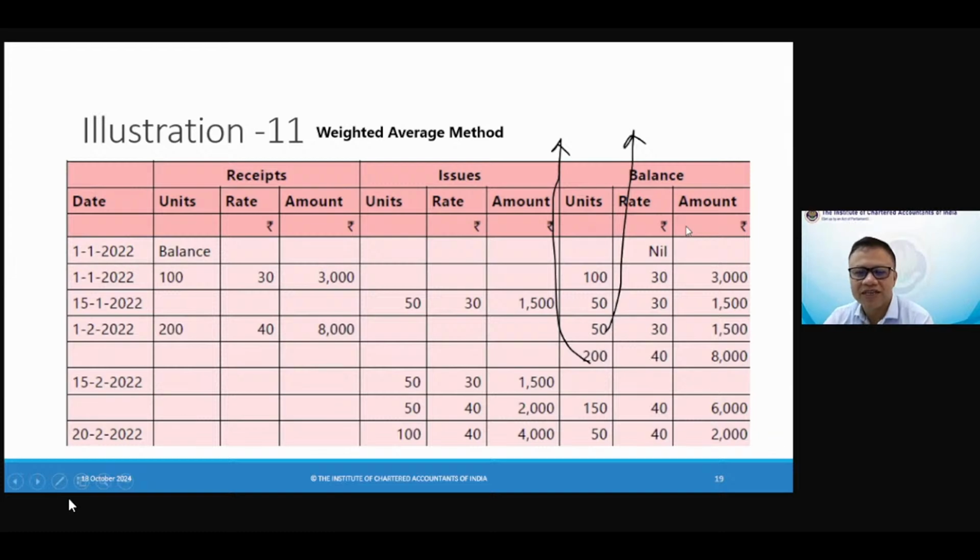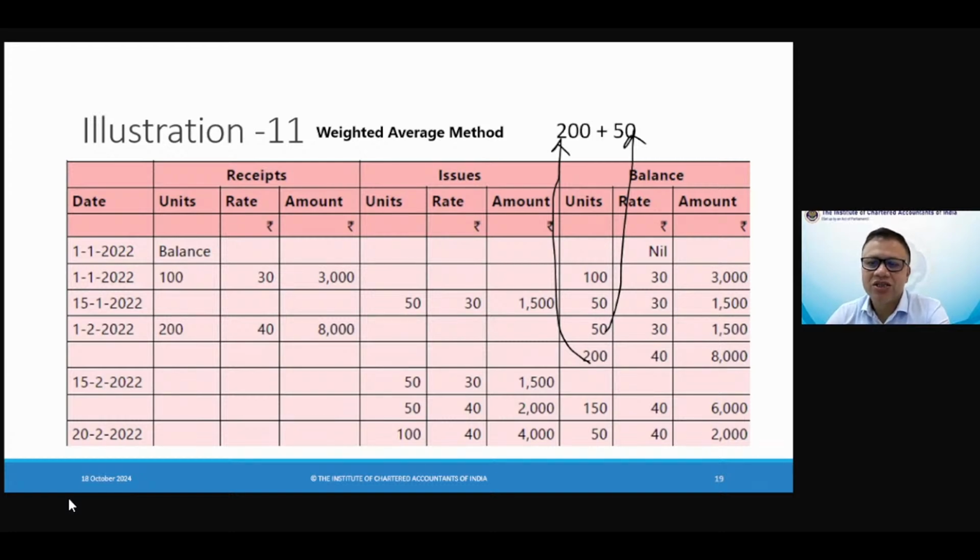Unless you issue something, what we observe here is that till 1st February 2022, you have 50 units at 30 rupees and 200 units at 40 rupees. You have not done any issues till now. After the previous issue, from the fresh stock there has not been any issue.